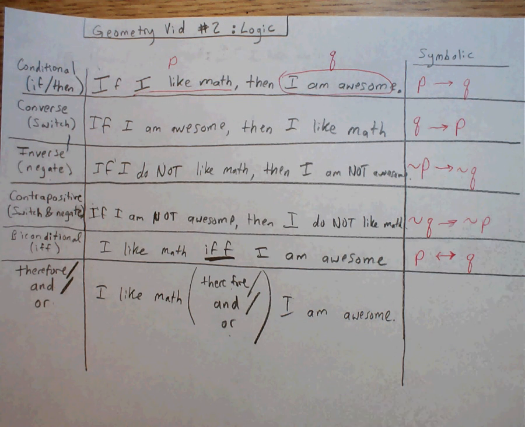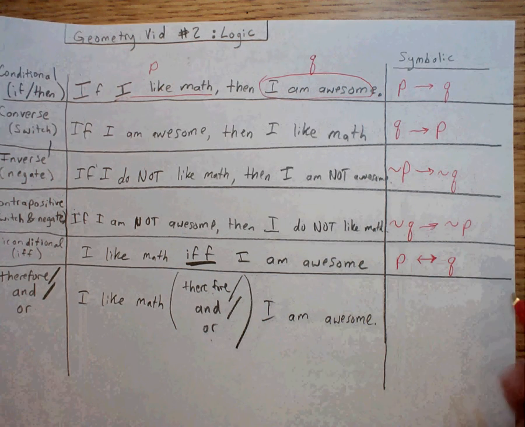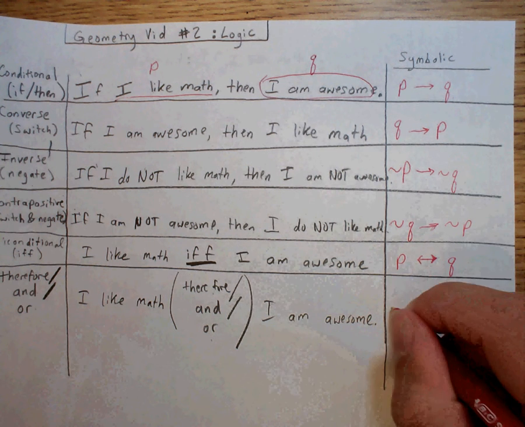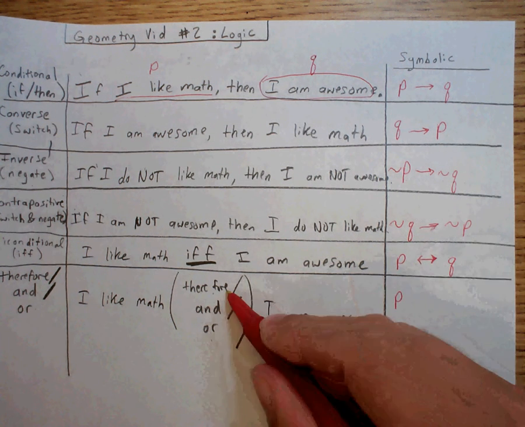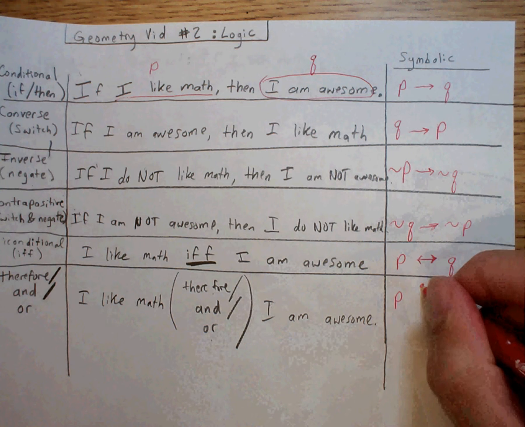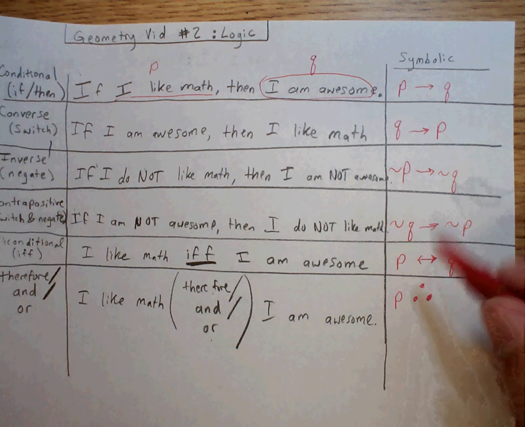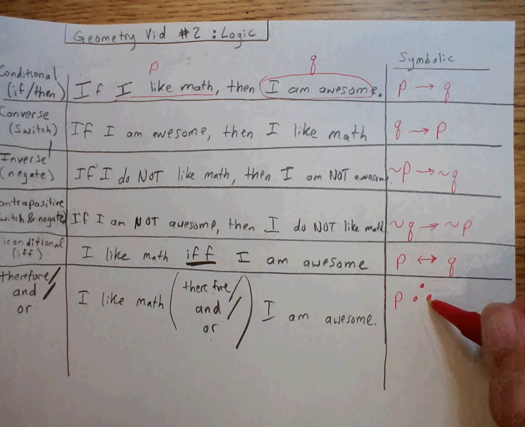And how would we symbolize this? Let's remember our symbols. Well, the first part is P still. Therefore is these three dots in a triangle formation where there's only one dot at the top and two at the bottom.